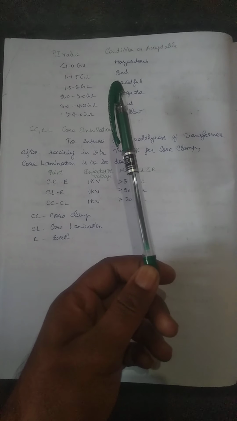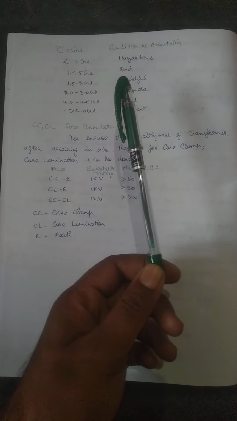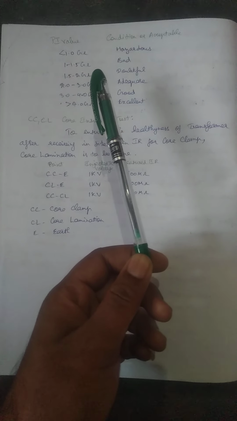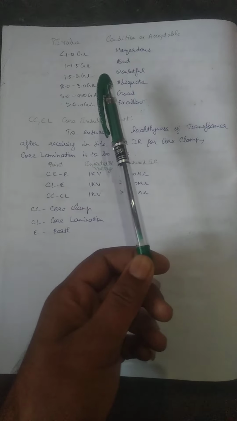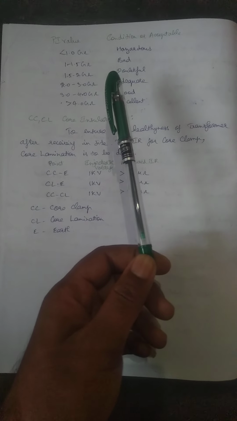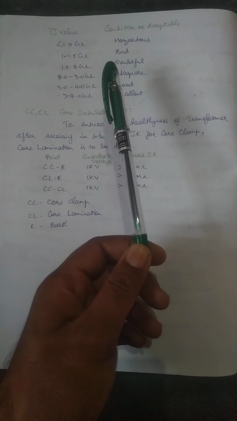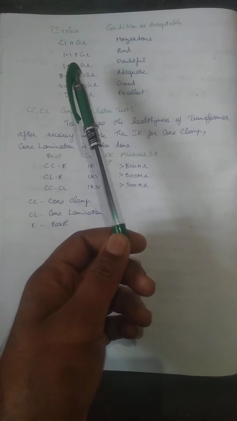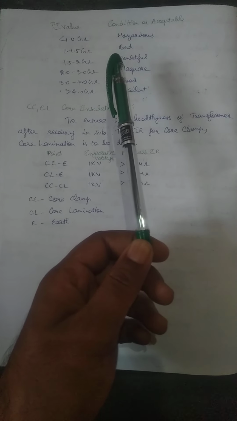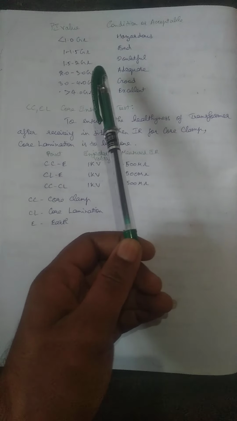Mostly in HVDC stations or ICT, this 1 to 1.5 gigaohm level itself the customers can say okay. Even if it is a bad condition, they will say okay, because in most of the higher rated transformers this clearance will be very less, 1 to 1.5 only. So they will accept it as okay, physically I am saying.